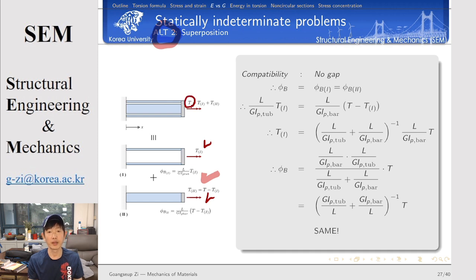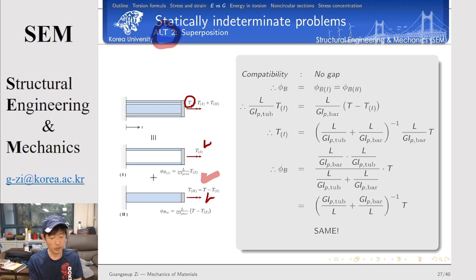I told you several times that, although we use the term force to explain the force equilibrium, the same equilibrium condition must be applied to the moment equilibrium too. So this is a torsional moment equilibrium. The external torsional moment should be equal to the torsional moment carried by structure system 1, plus the torsional moment carried by structure system 2.